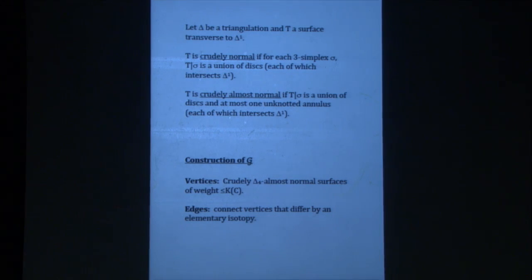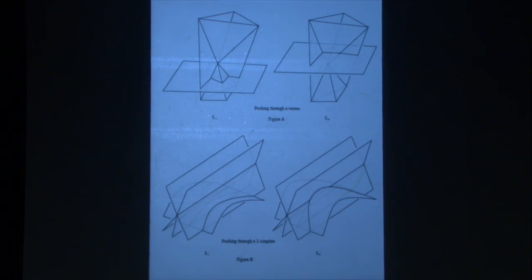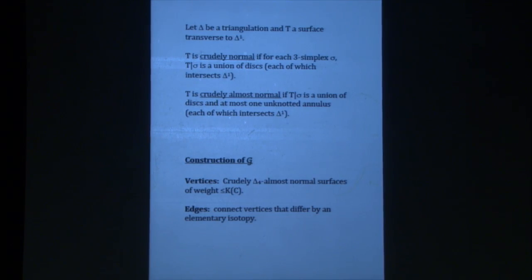Actually, for technical reasons, at this moment we're acting in a smooth category, but we work in the piecewise linear category. So the surfaces of interest are what we call crudely normal. If you have a triangulation and a surface transverse to the one skeleton, and maybe the two skeleton too, then it's crudely normal if the restriction to each simplex is a union of disks, and crudely almost normal if there might be one annulus.